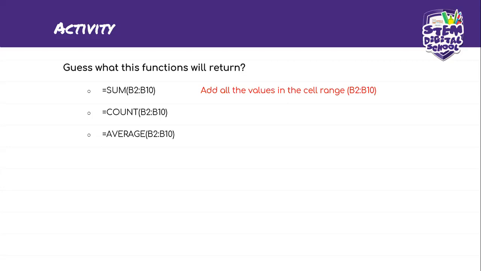Now, the average, think about it. What will this function return? Equals average B2 to B10. This function will add the values of the cells B2 up until B10 and then divide the total.